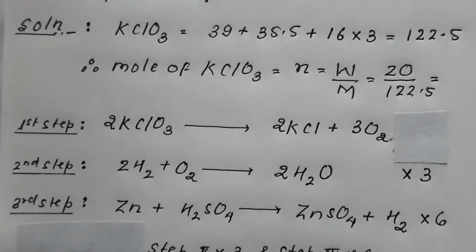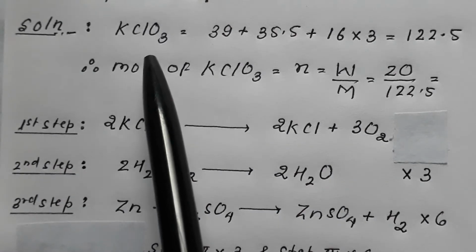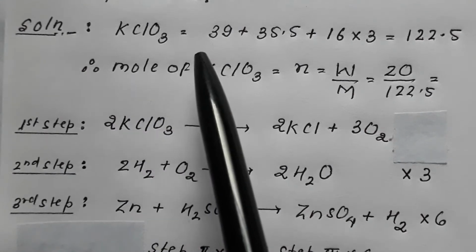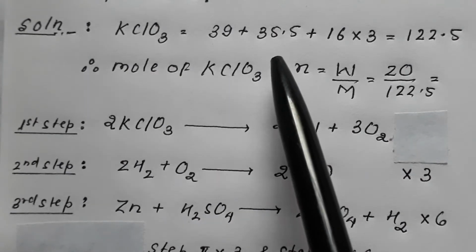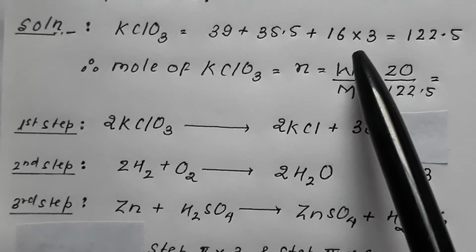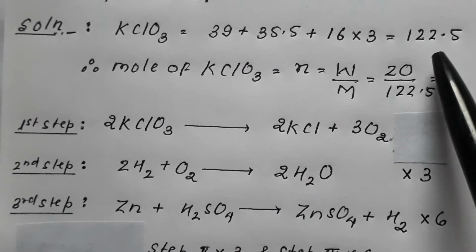So let's start. Now the compound is KClO3, which is termed as potassium chlorate. If I discuss the molecular weight, K is 39, Cl is 35.5 and oxygen is 16 into 3, making it 122.5.